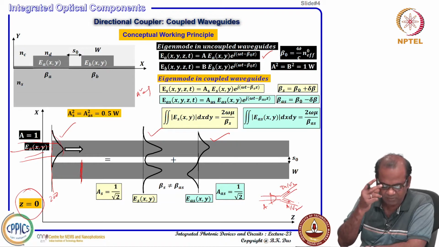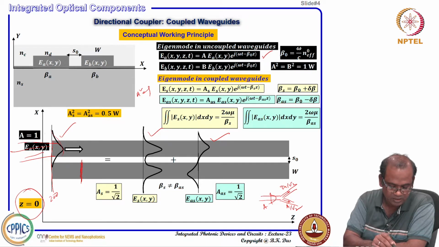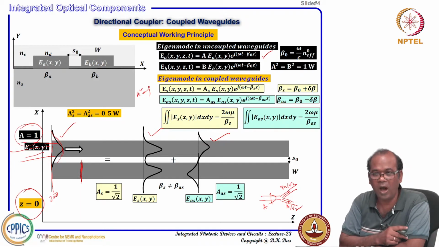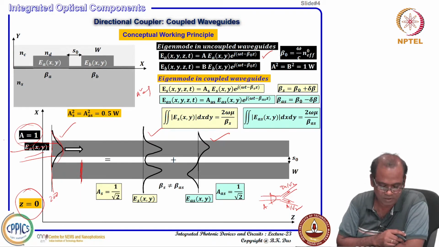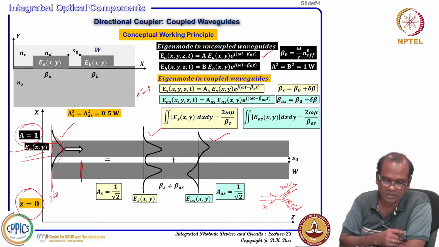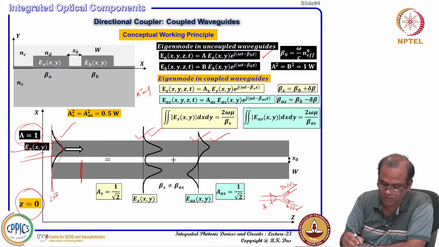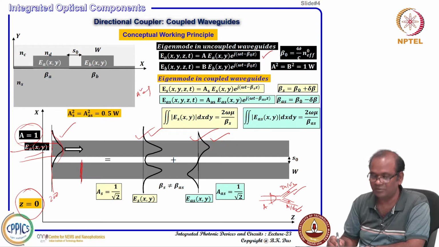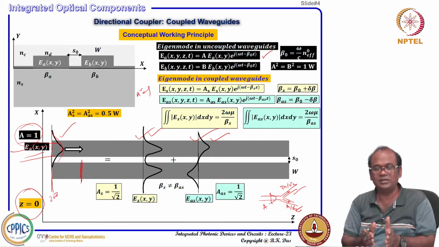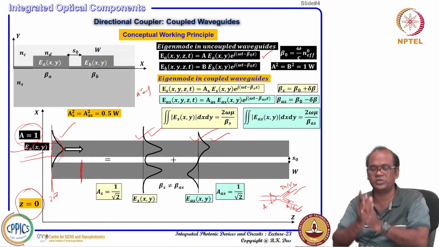Similarly, whenever a mode is coupled with amplitude 1, that is, A square equal to 1 watt, meaning A equals 1, you also have two options. It is like a Y junction with two paths, but here it is a coupled waveguide.